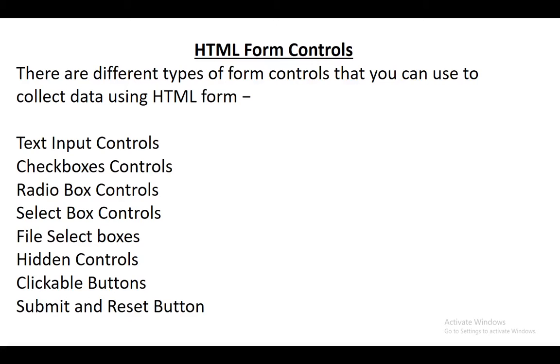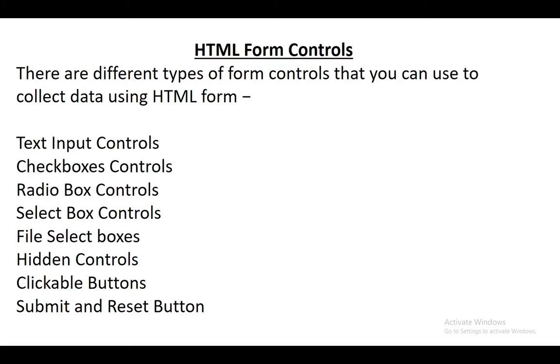HTML form control. There are different types of form control that you can use to collect data using an HTML form. There's text input control, checkbox control, radio box control, select box control, file select box, and hidden control. Then clickable button, then submit and reset button.